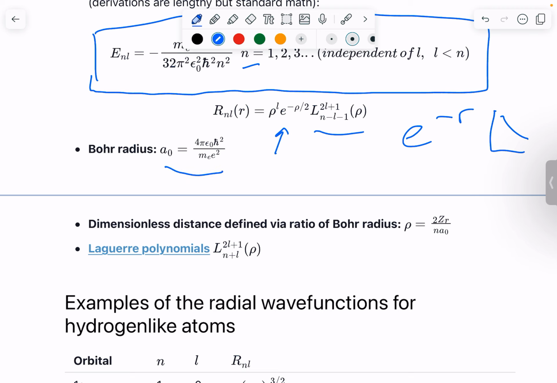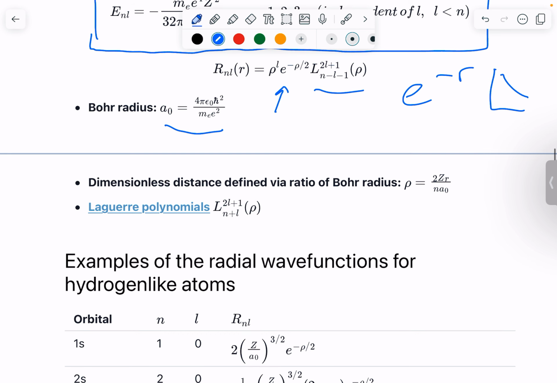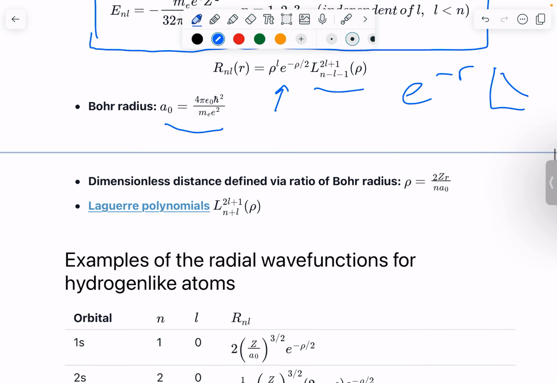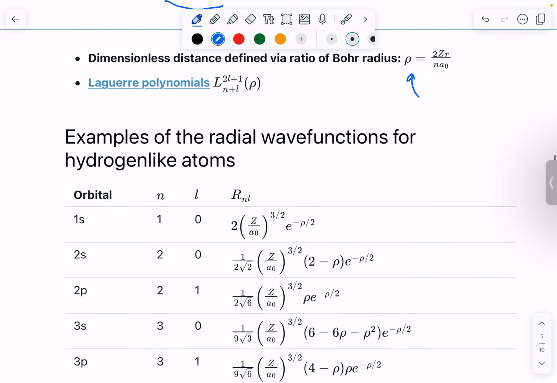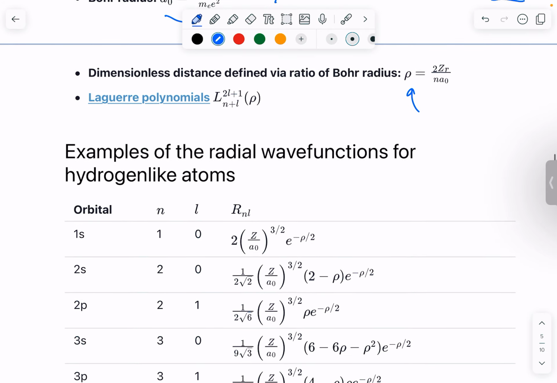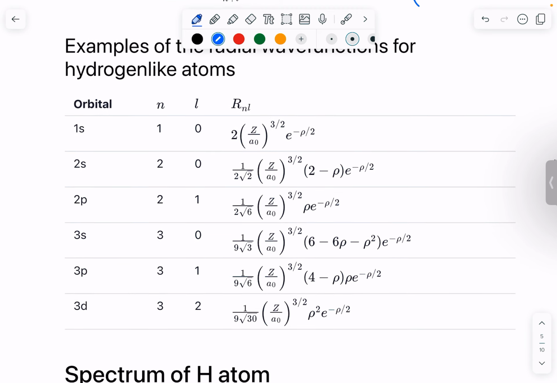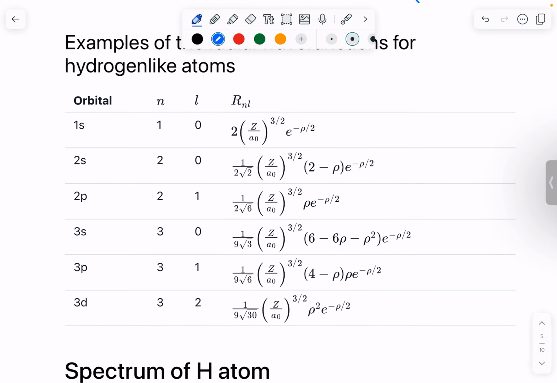It's going to make the expressions look cleaner, just a notation to make expressions simpler to look at. In terms of this Bohr radius, we're going to express distance in terms of this dimensionless distance rho. Totally unremarkable, but it's going to make the expressions look cleaner.